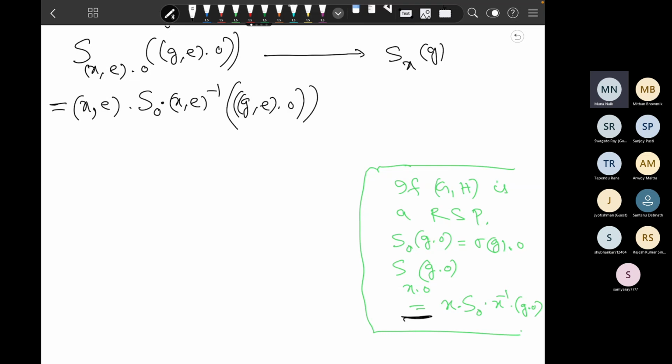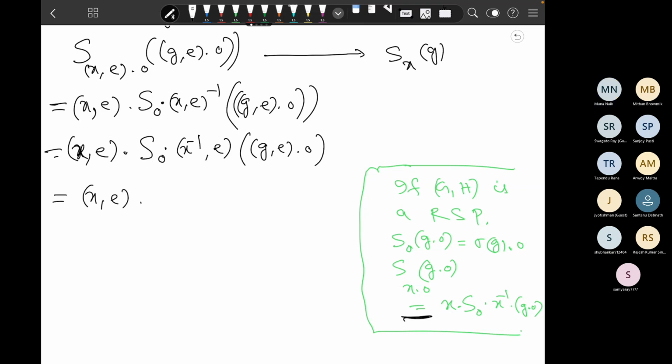Just write the formulas which you have known. This is really XE. So X dot SO XE inverse is really X inverse E, and this is really GE dot O. So if you will take care of the first action, this is the group multiplication.